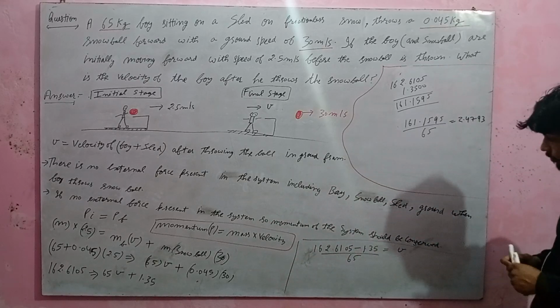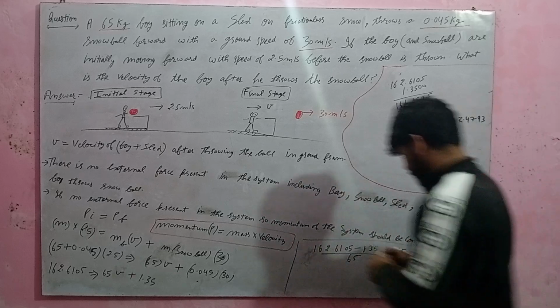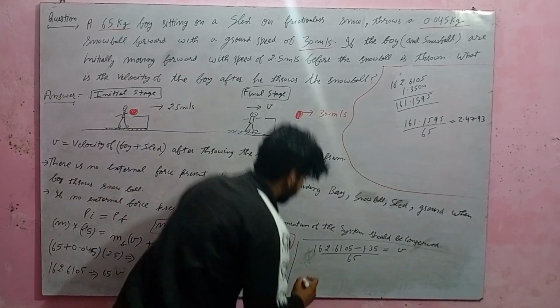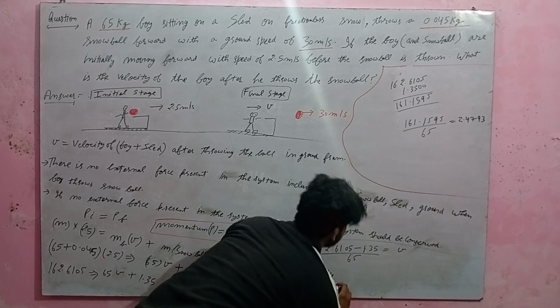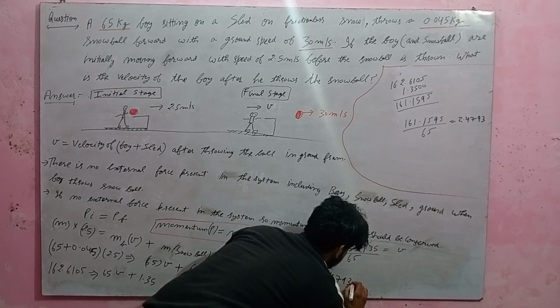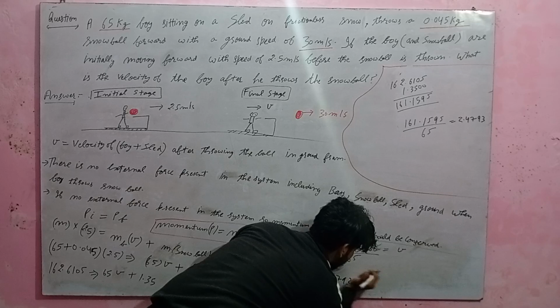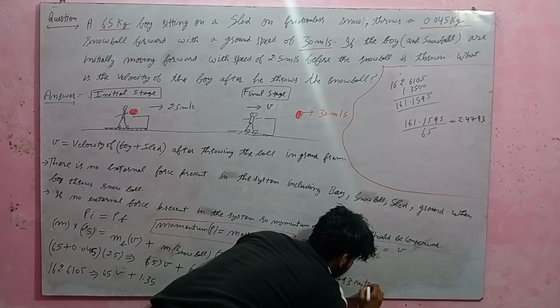So after calculating these values, v is equal to 2.4793 meters per second.